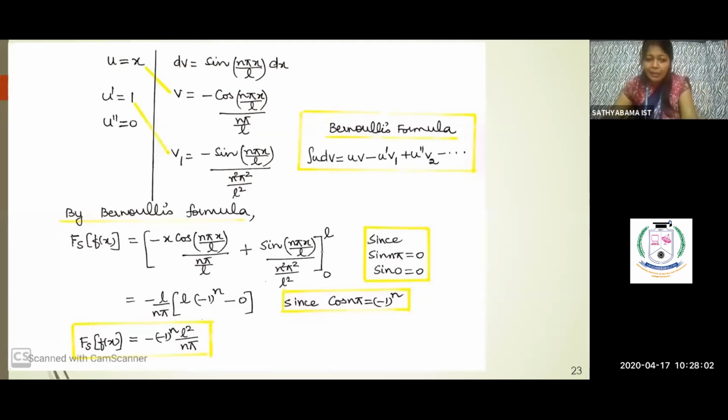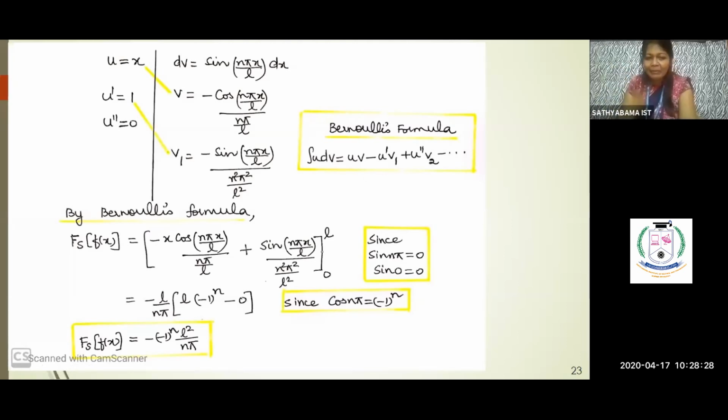Now for the first term, what is the constant that I can take common? Minus L by n pi. See, what is 1 divided by n pi by L? It is L by n pi. L will go to the numerator. Okay. So minus L by n pi, I've taken it out. Next, I've substituted the limits. The upper limit is L. When you replace x by L for the first term, L and L get cancelled. You will be left with cos of n pi. And what is cos of n pi? It is minus 1 power n.